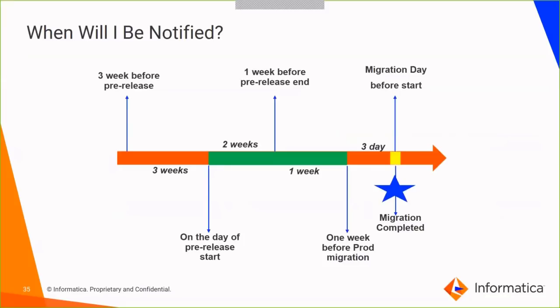So three weeks before the pre-release, whenever we open up a pre-release for the migration, we will inform you that the pre-release is coming 3 weeks out. That way you can plan for it. On the day of the pre-release, we'll inform you that a pre-release is now up and running and your orgs are available in the pre-release. Please log in here and start testing.